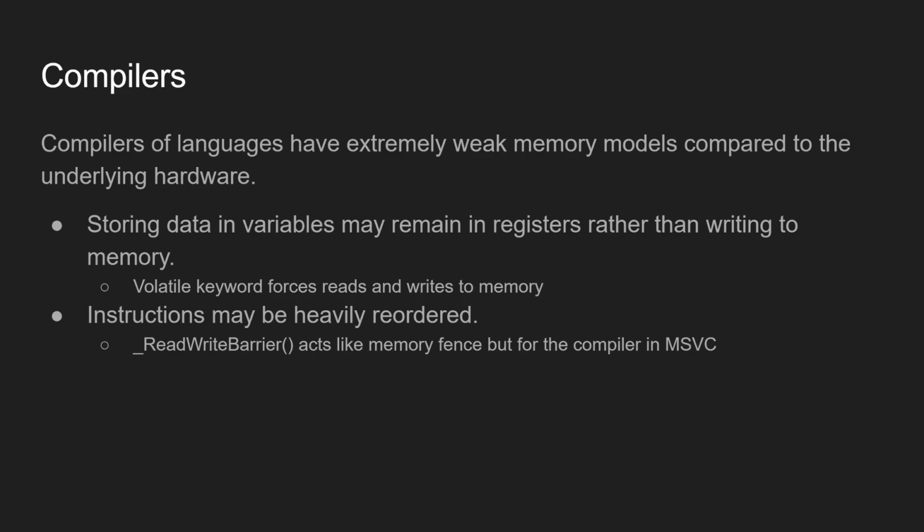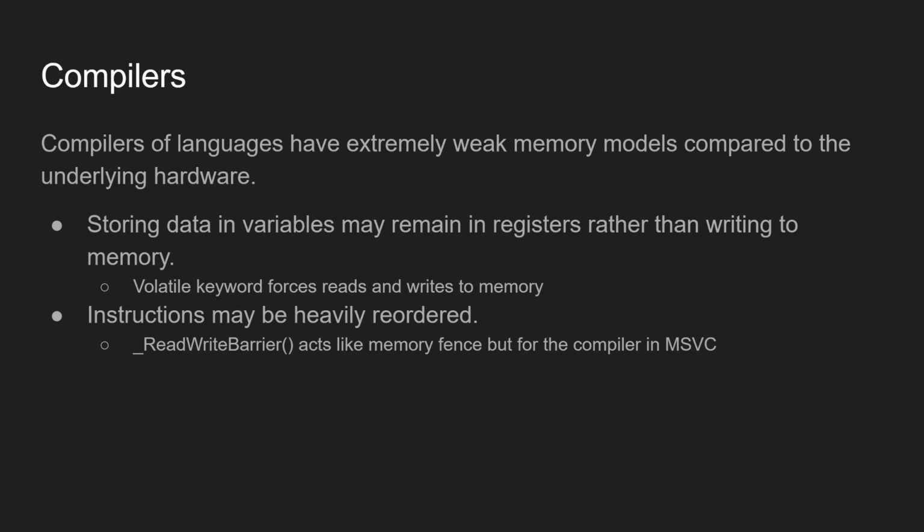In order to restrict the types of optimizations that the compiler can do, you can use a read-write barrier, as it's called in Visual Studio. This is something that acts like a memory fence that would be an instruction in the computer architecture itself, but this acts for the higher level language.